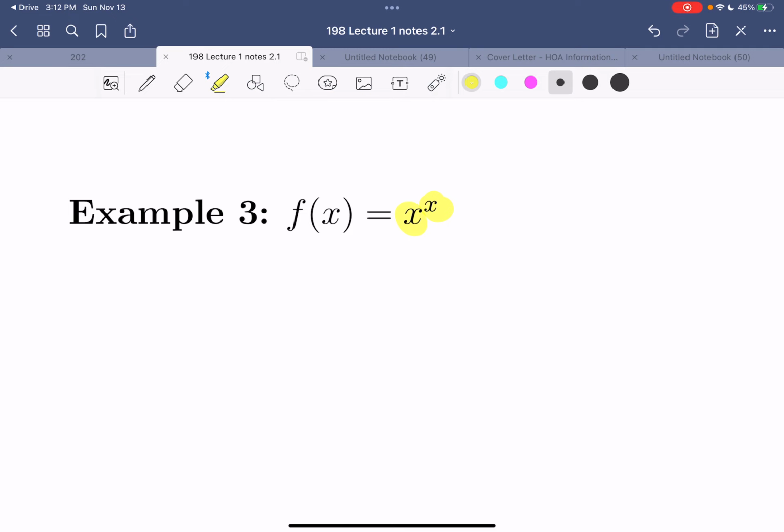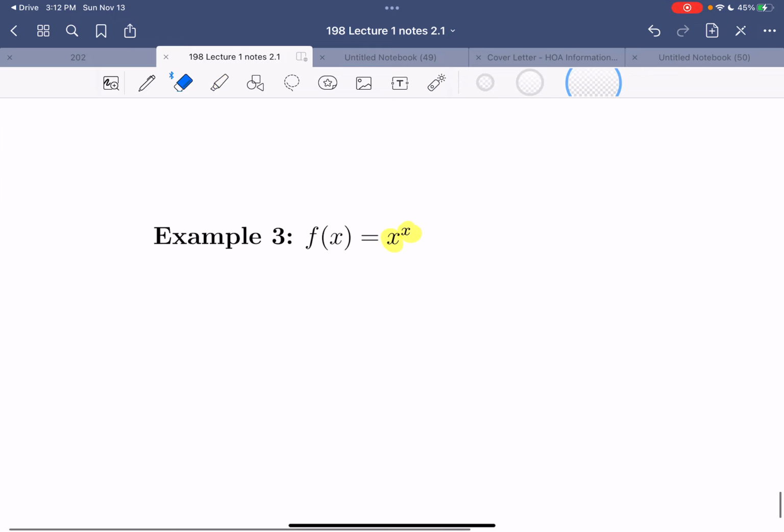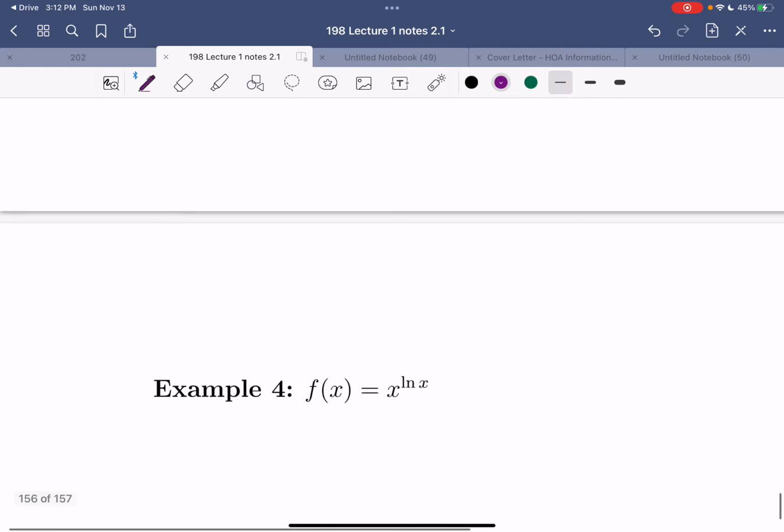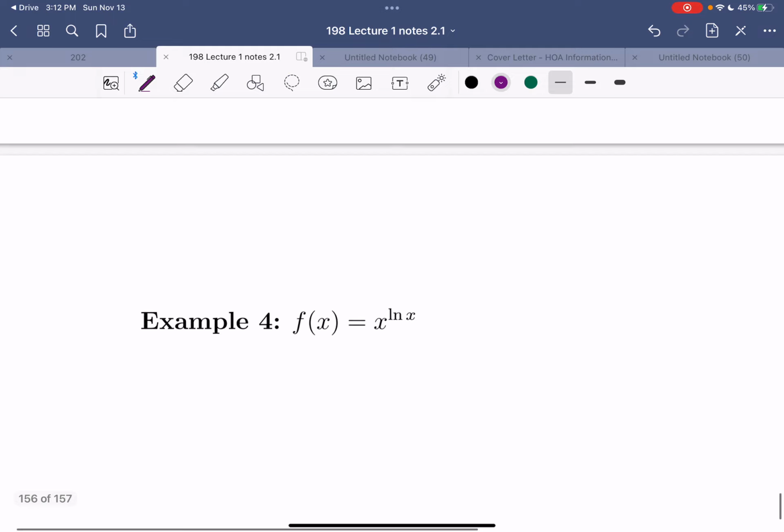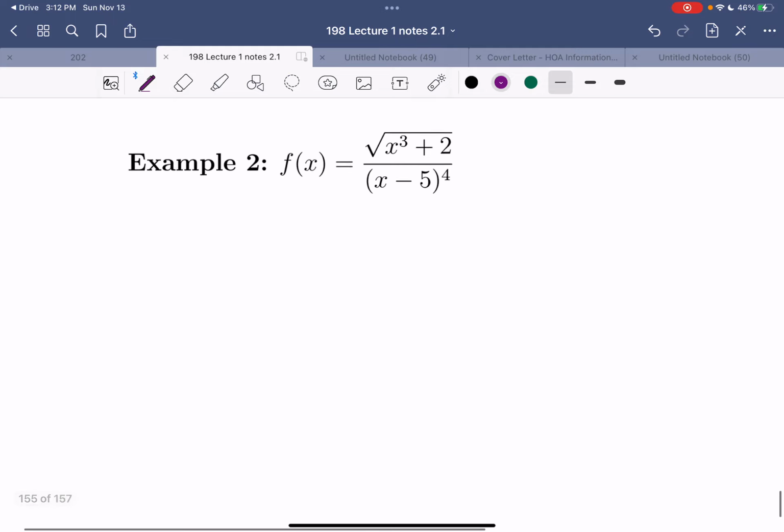I guarantee you somebody's going to write on the test x times x to the x minus 1, because you're bringing down the exponent and subtracting by 1. But that doesn't apply here because the x in the exponent is not a number. So logarithmic differentiation is our only approach when you have x's in the base and the exponent. So let's look at these couple examples.